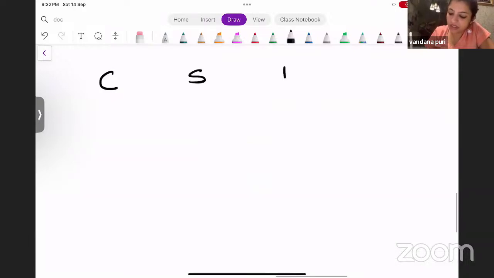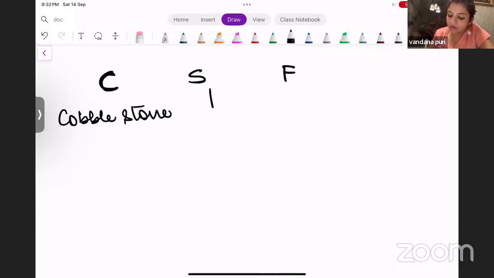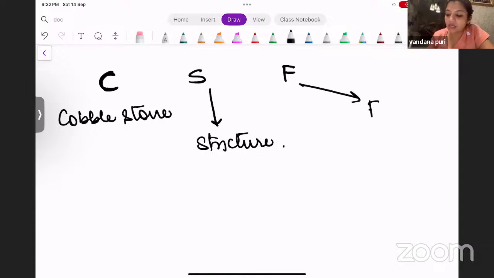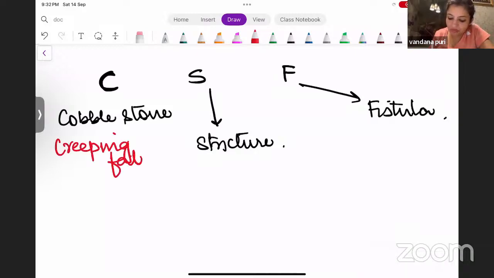A very simple way to remember Crohn's disease is CSF. We have just seen that Crohn's disease starts with C, so it has cobblestone appearance. Of course, there is thickening of the muscularis, so there is stricture formation. Because the ulcers can go deep, fistulas can be formed. Also, because of the deep ulcers, there is usually creeping fat present in the serosa, seen on the outside.